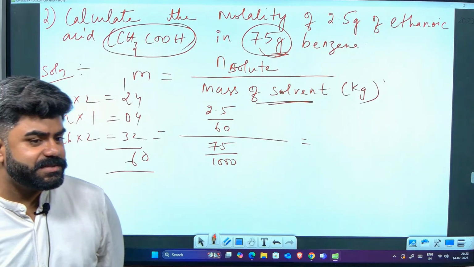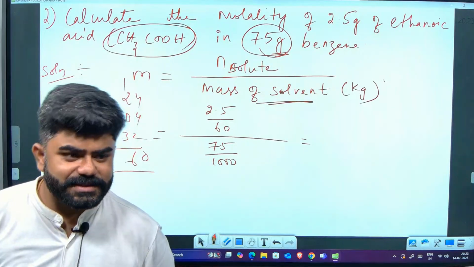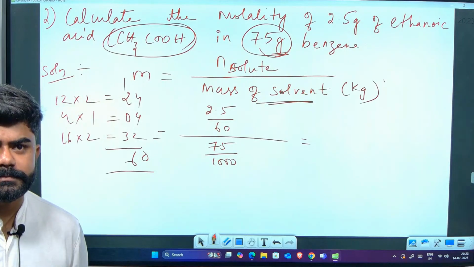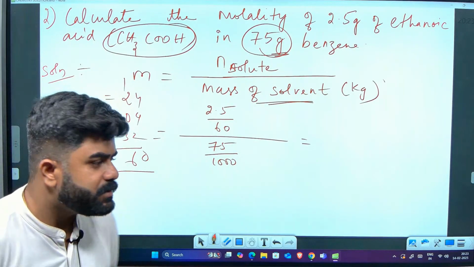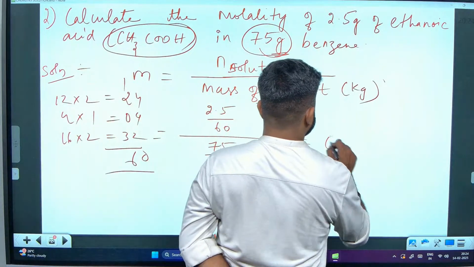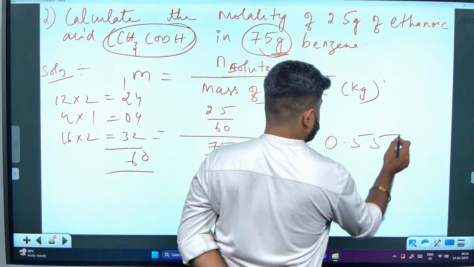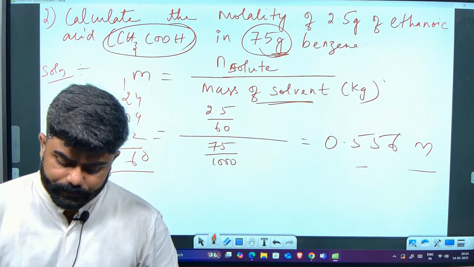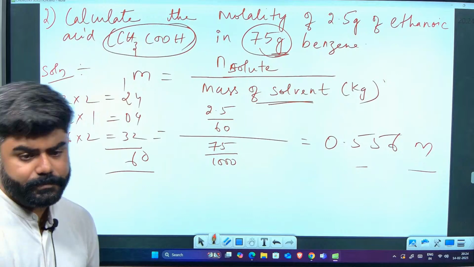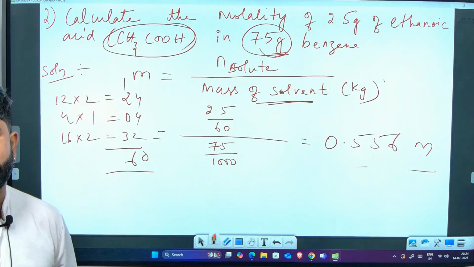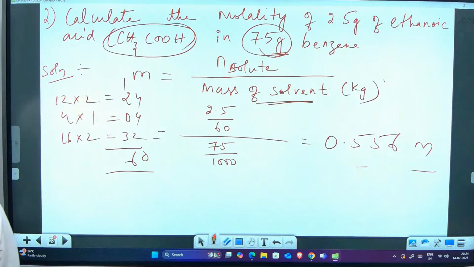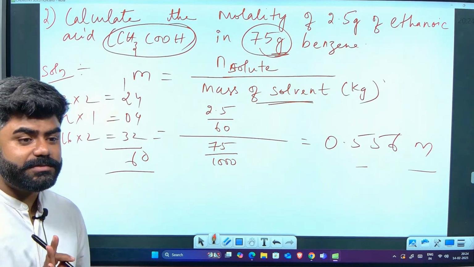We will get a more accurate answer. 0.556 m. Either write mole per kilogram or just write molality. But it should not be without a unit, write something.